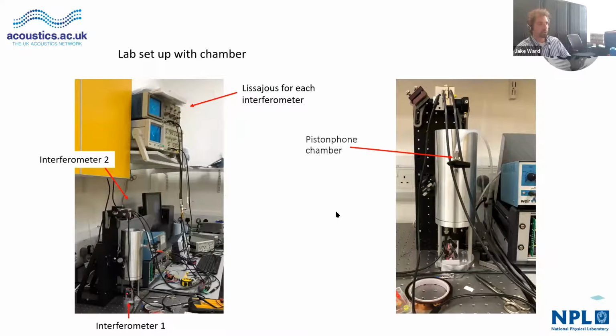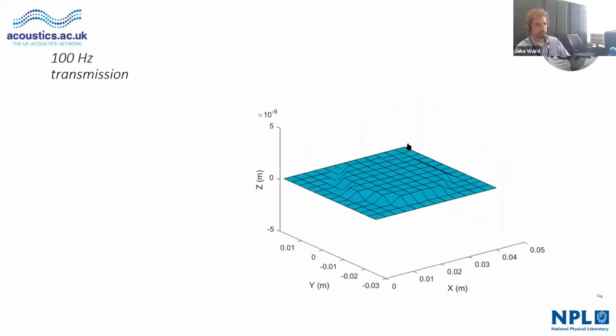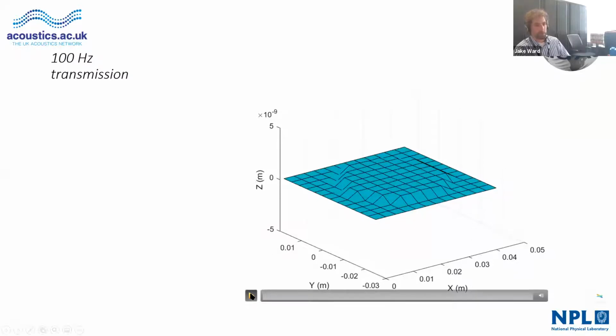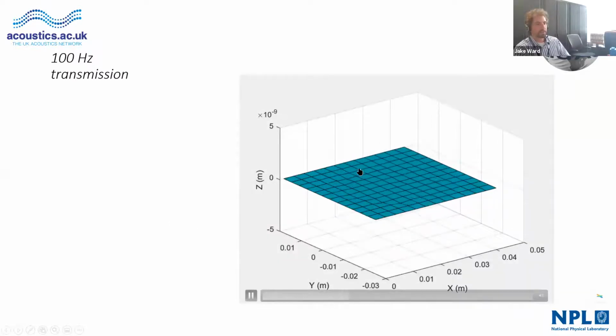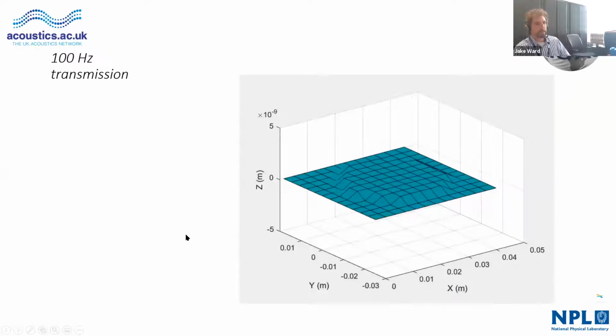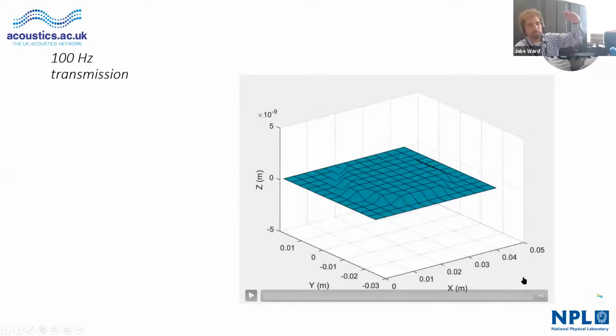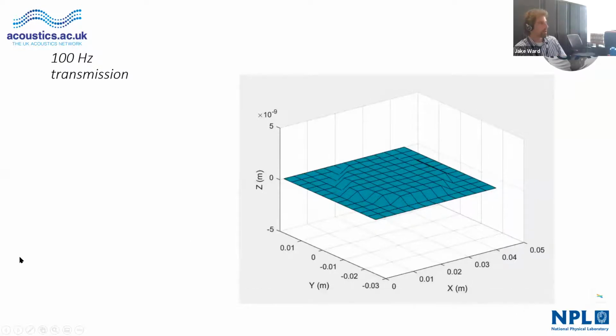And actually, we also did some scanning laser Doppler vibrometry on the front of the piston as well, because I was interested in the coplanarity. So these are laser measurements across a grid that show us the displacement of the piston, and we can fit a plane to the maximum of the stroke and the minimum of the stroke and compare the angles.